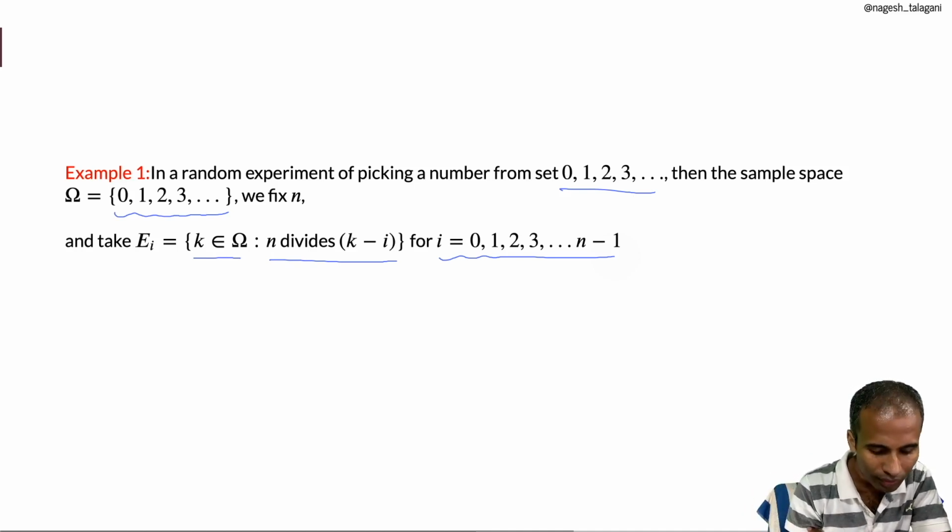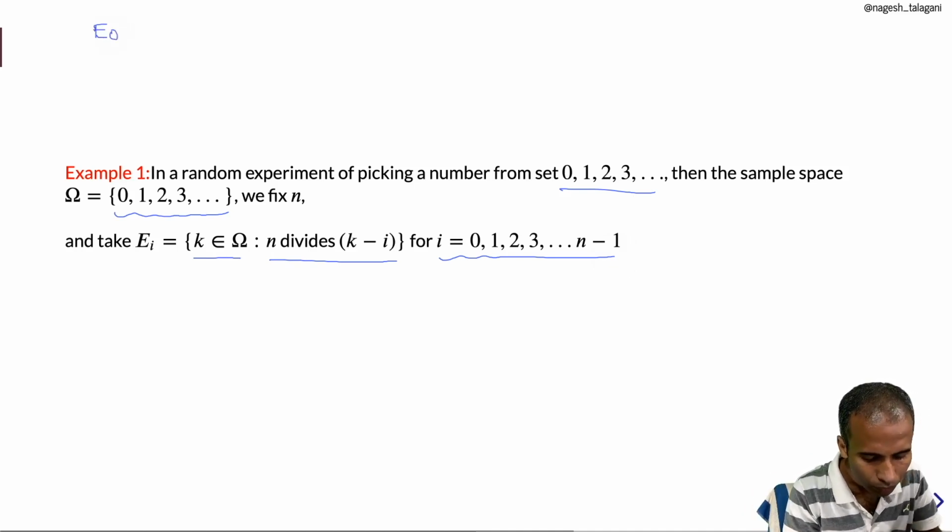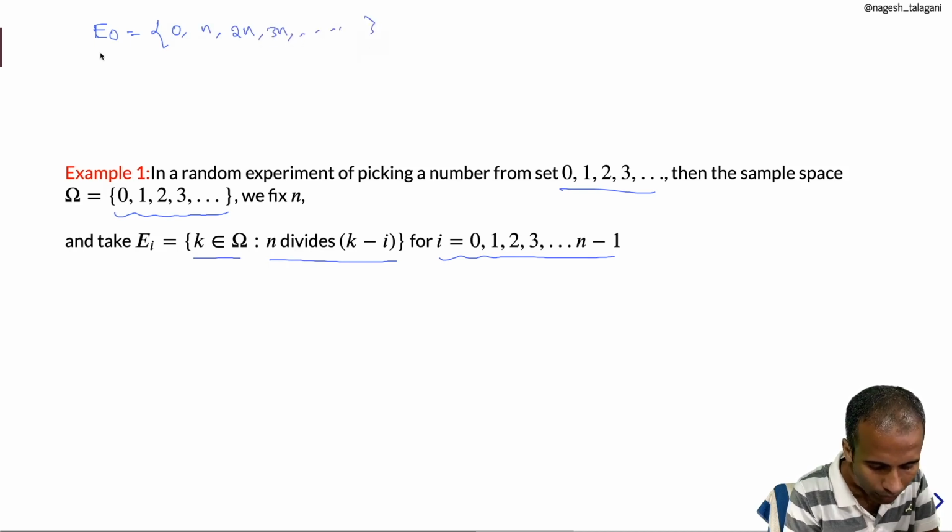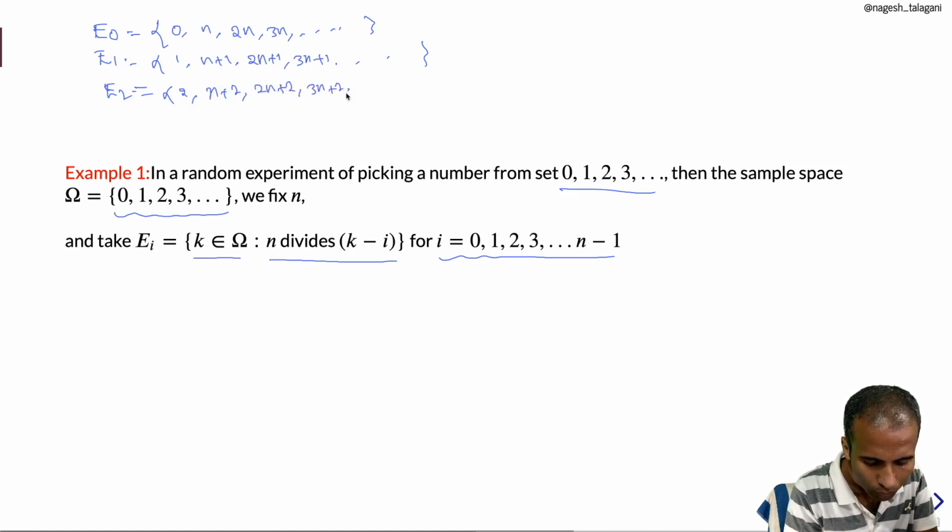Let me show you what these events are. Here E0 will consist of all whole numbers 0, n, 2n, 3n and so on. E1 will consist of all whole numbers 1, n plus 1, 2n plus 1, 3n plus 1 and so on. E2 will consist of 2, n plus 2, 2n plus 2, 3n plus 2 and so on.